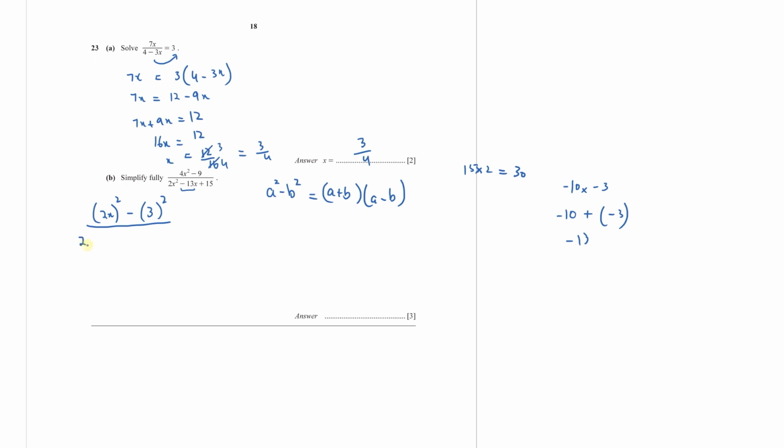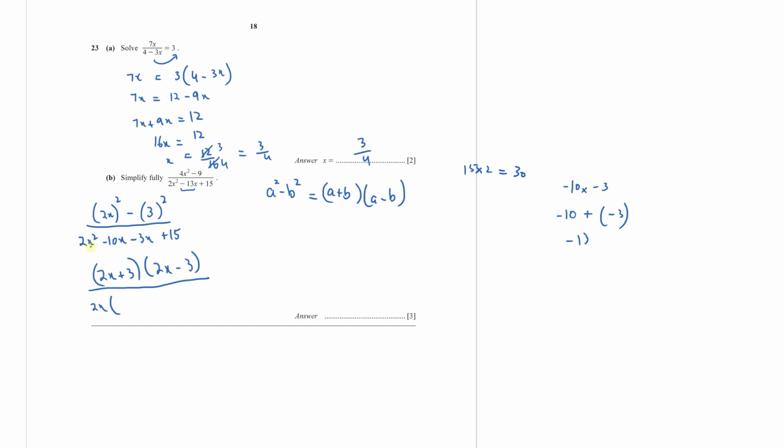So I can write 2x squared, and then I can write this minus 13x as minus 10x minus 3x, and then this plus 15. In the numerator, this is a squared minus b squared, so this becomes 2x plus 3 times 2x minus 3. And then I can take 2x common here in the denominator.